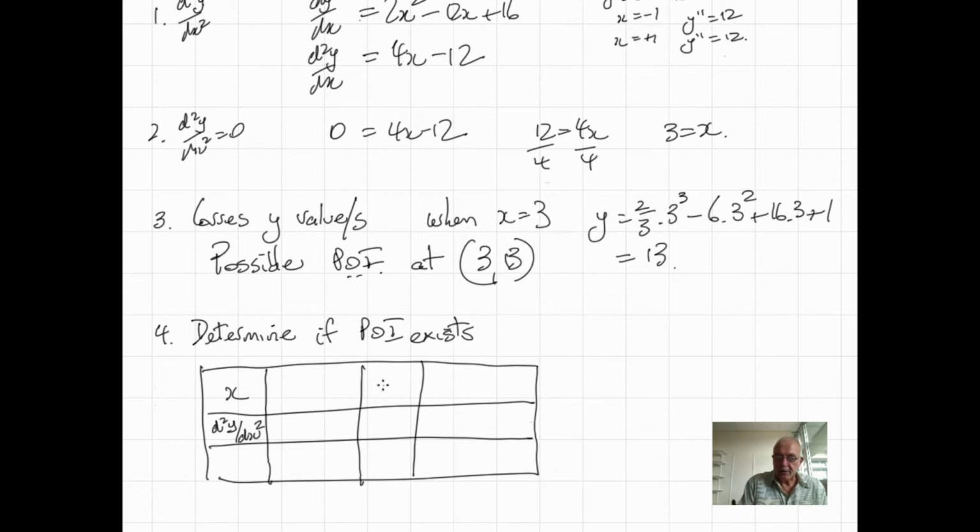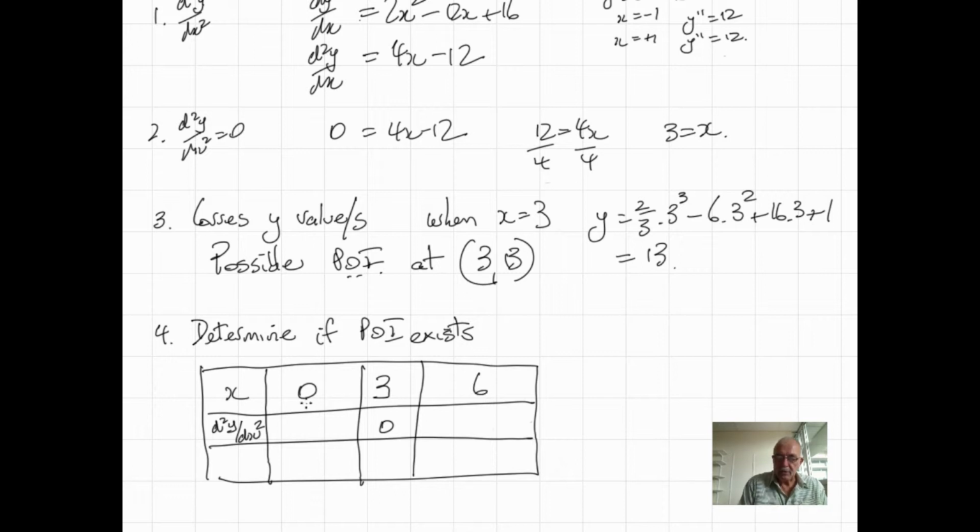We know when x is equal to 3, d2y dx2 is equal to 0. Let's just put in a value less than 3 that's easy to put into the second derivative, so 0, and another value that's simple to put in, so we've gone 3 down, so let's just go 3 up to 6.